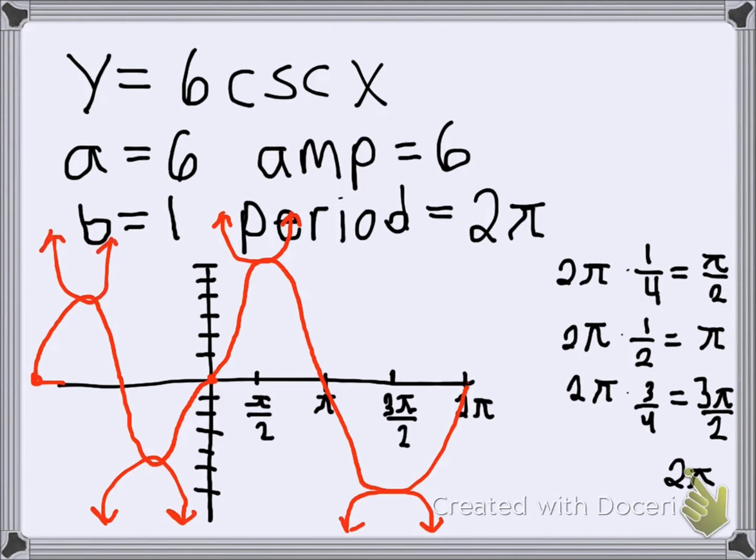And when you're done with the problem, you want to erase your sine curve. Didn't do it so pretty, but whatever, you know what I mean. And there you have your cosecant graph.